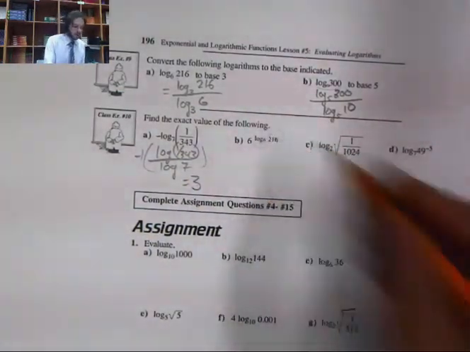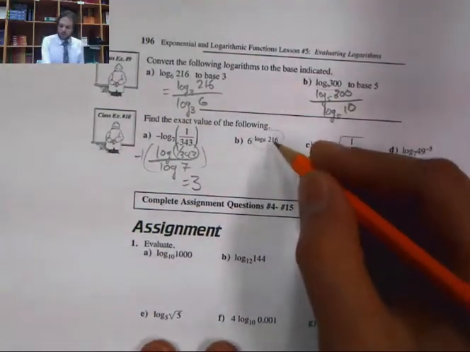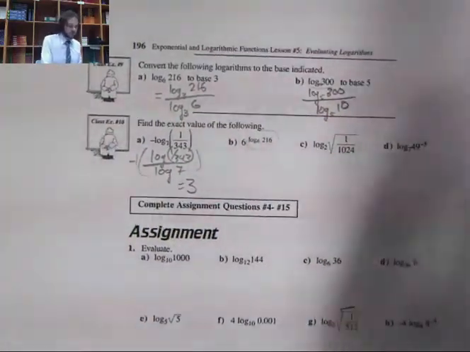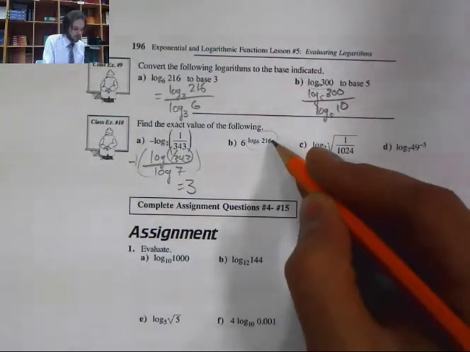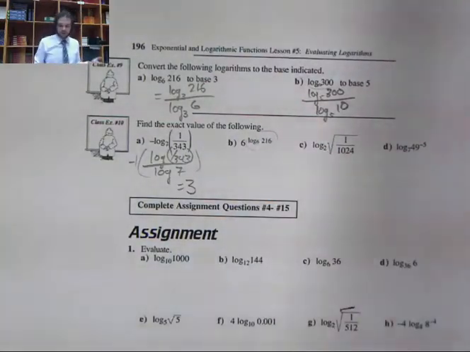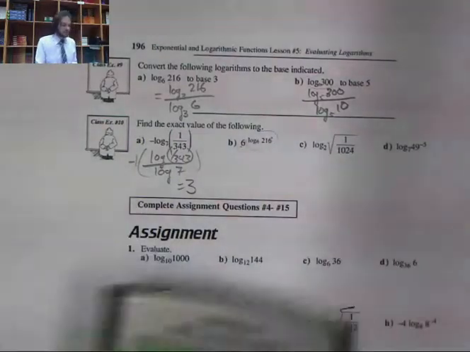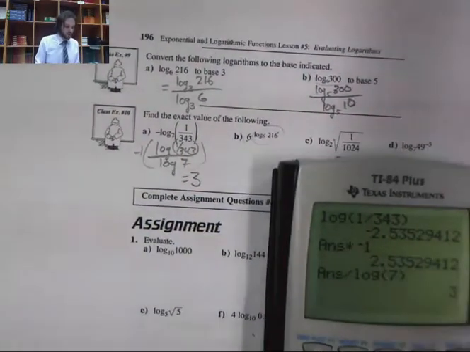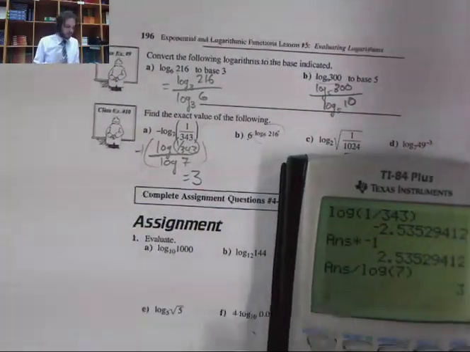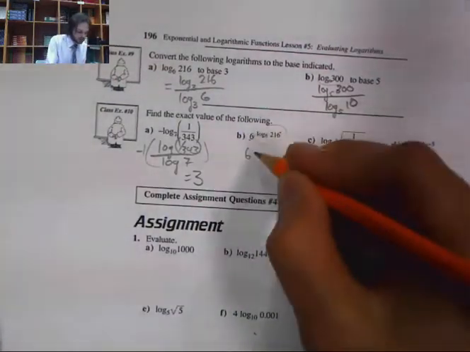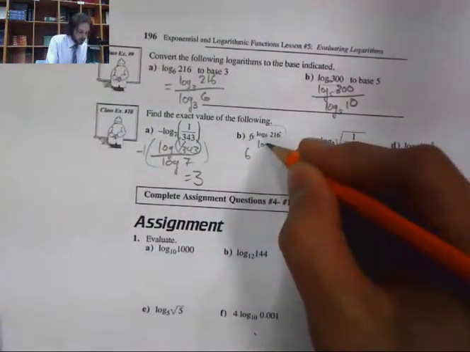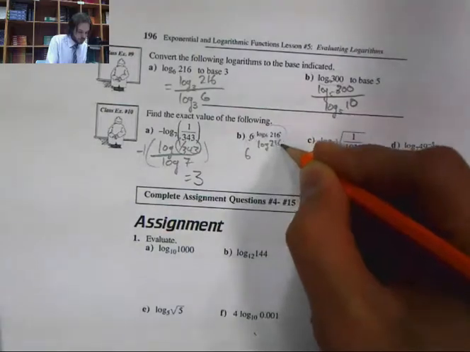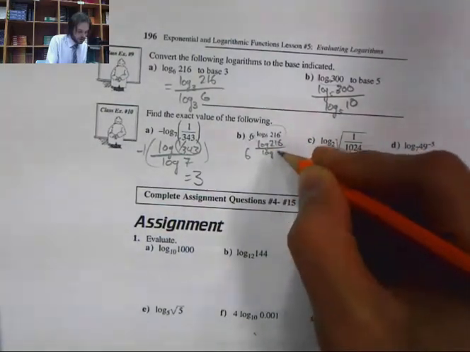So this one right here, let's look at this. We might even be able to solve these in your head, because 6 to the power of 3 is 216. But let's double check using the calculator. We want log 216 all over log 6.